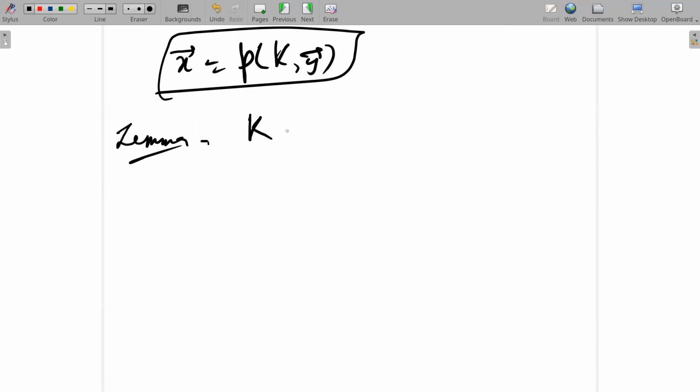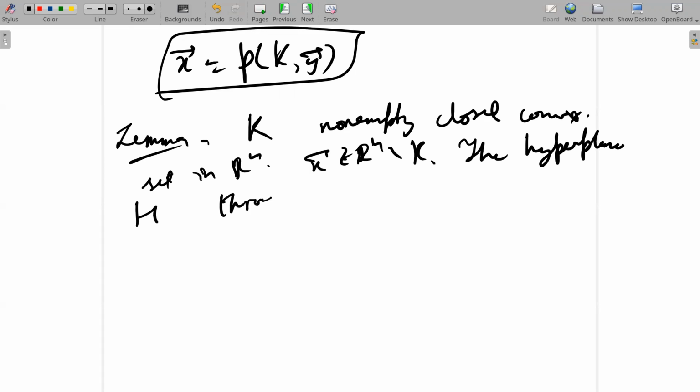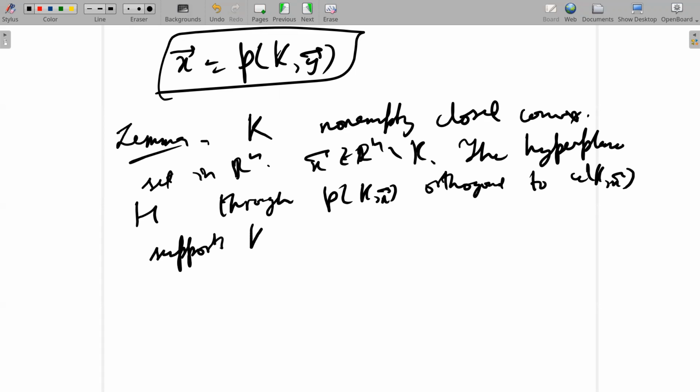If K is a non-empty, closed, convex set in Rn, and X is in Rn minus K, so outside of K, then the hyperplane H through PKX, orthogonal to UKX, supports K. This will actually, in fact, be immediate. We'll start off with this lemma in the next class.